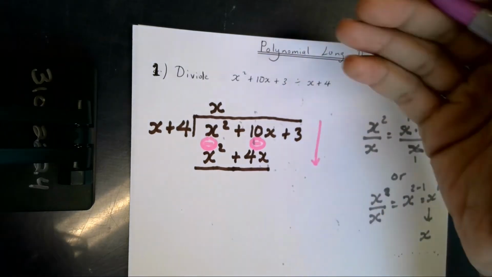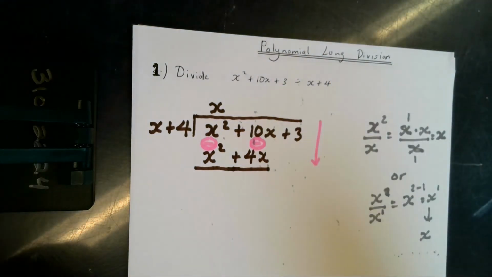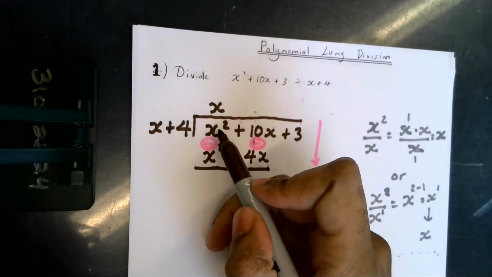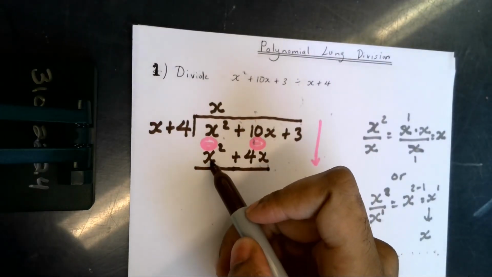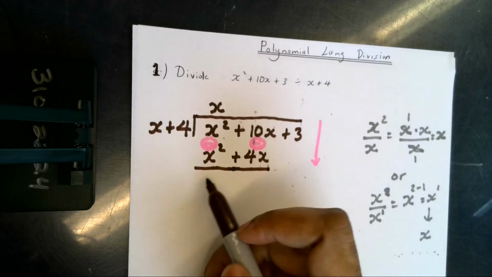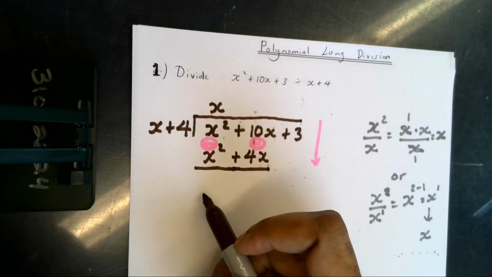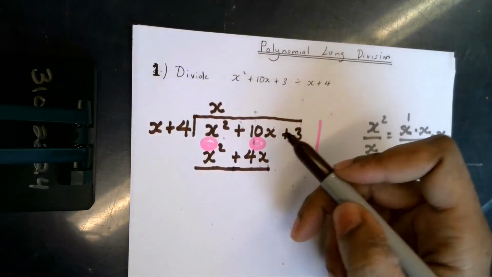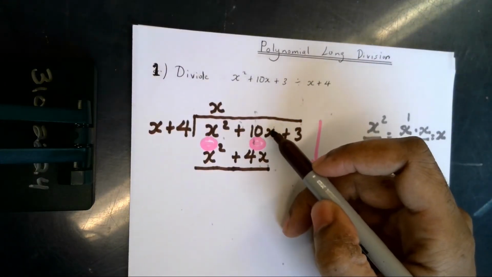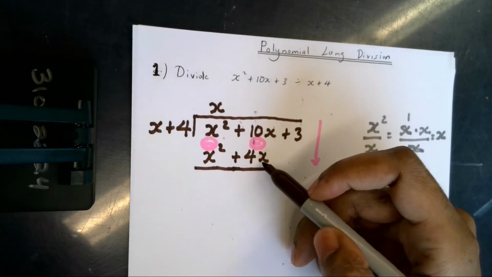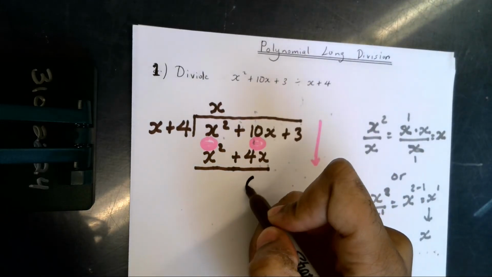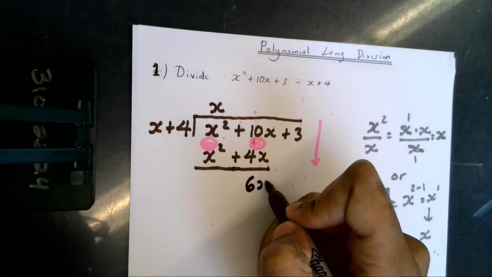And we subtract coming down. So we are going to say x squared minus x squared. That gives us 0 or nothing. So I'm going to leave this part blank. Then I'm going to say 10x minus 4x, and that is 6x.